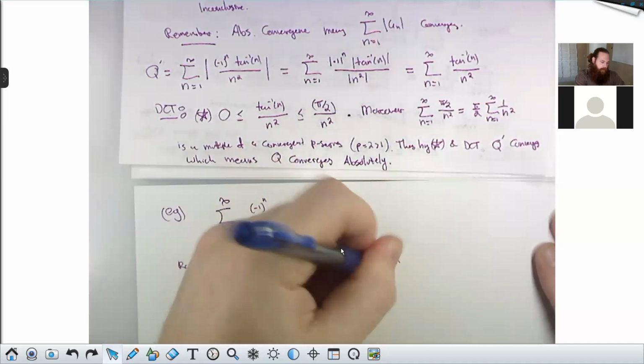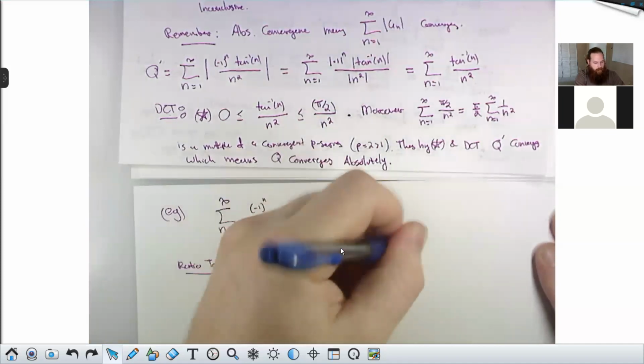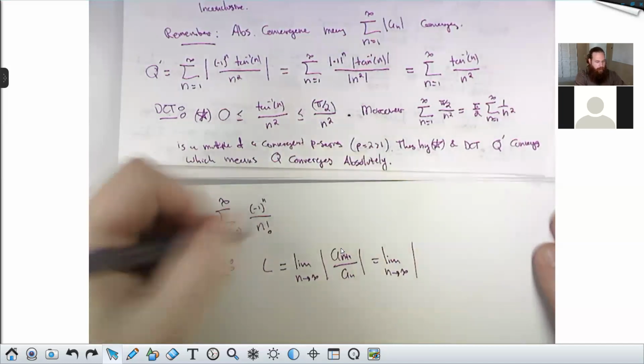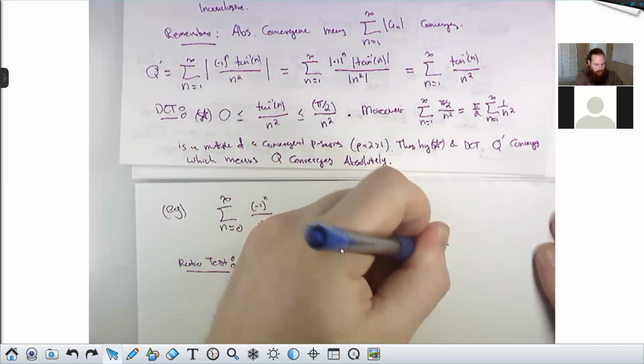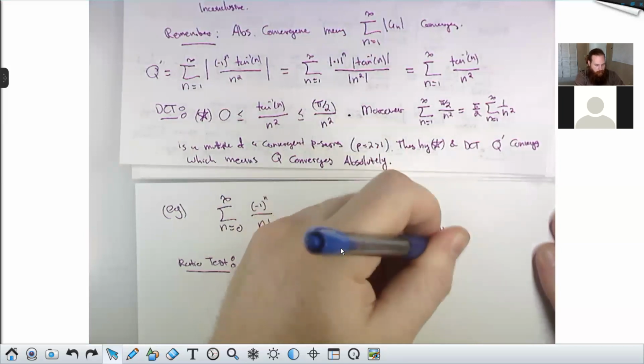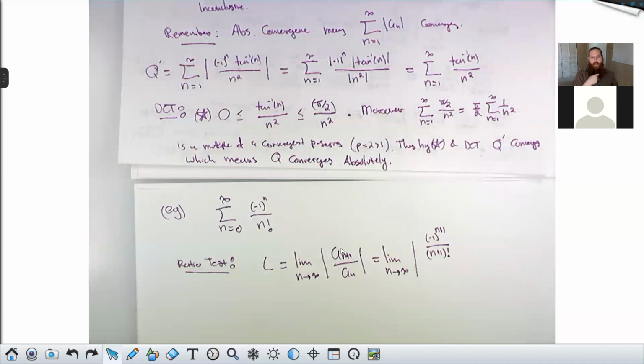So this is the limit as n goes to infinity of the absolute value of a_(n+1), which is (-1)^(n+1) over (n+1), all factorial. And it's important that you use the parentheses like this, with the n plus 1 in parens and then the factorial on the outside.